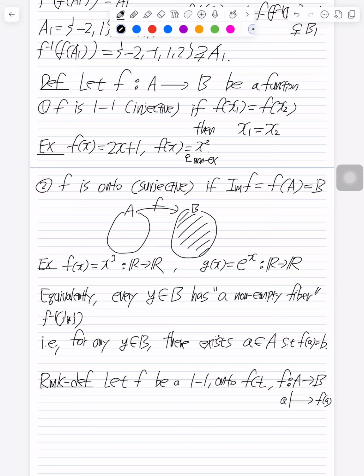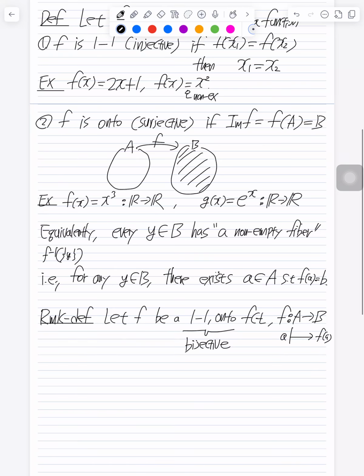Then when both injectivity and surjectivity hold, we usually call this case a bijective function, or bijective. In that case, every fiber f inverse of y is a singleton set and every element of B is reached. This is precisely the situation where a two-sided inverse exists.